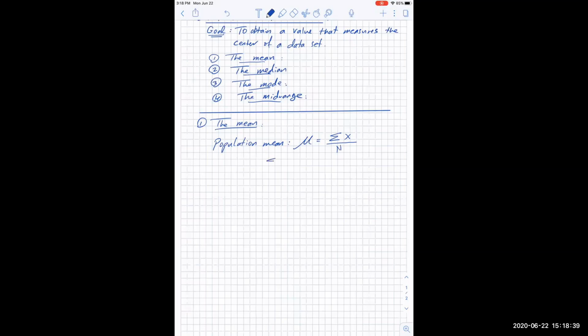The sigma here means sum of all data values, and then N is the population size.